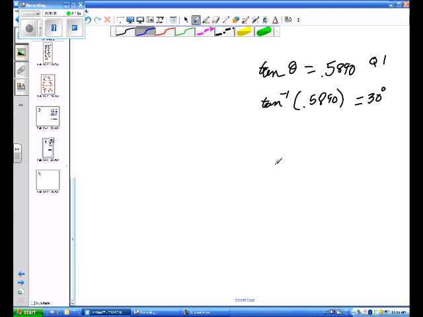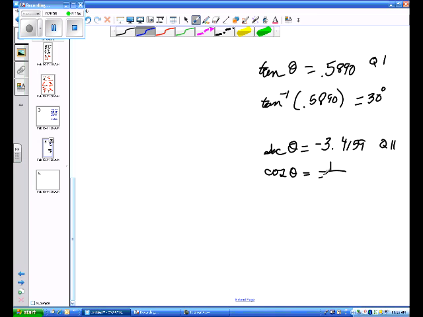If we want the secant of what angle is equal to negative 3.4159, and we're going to be in quadrant 2. Now the reciprocal of secant is cosine, and we would have the reciprocal of this number.